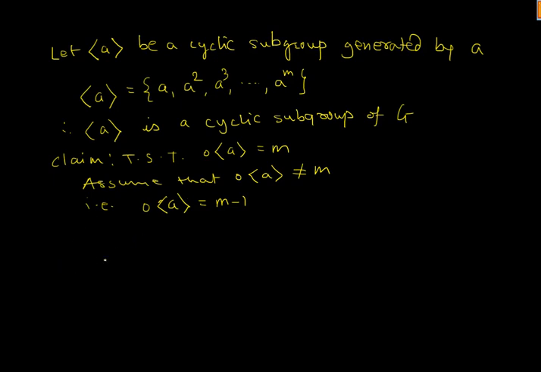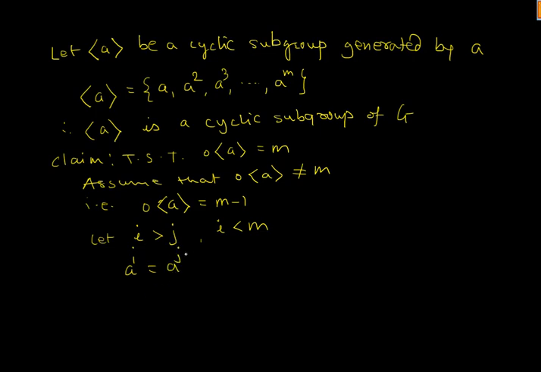So let i be less than j, and j less than or equal to m. Since the order of this cyclic subgroup is m minus 1, in this list two elements with different powers give the same answer, and these different powers I am supposing are i and j. Okay, so I am supposing A to the power i is equal to A to the power j.